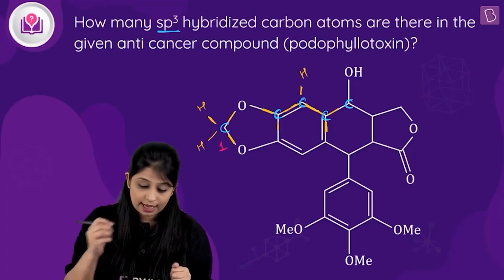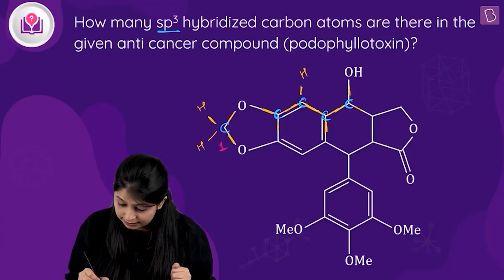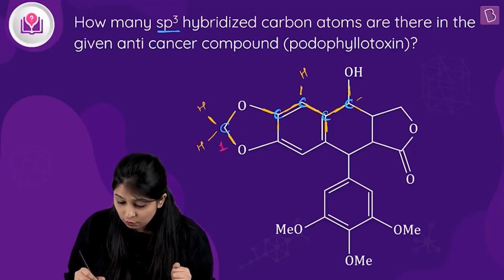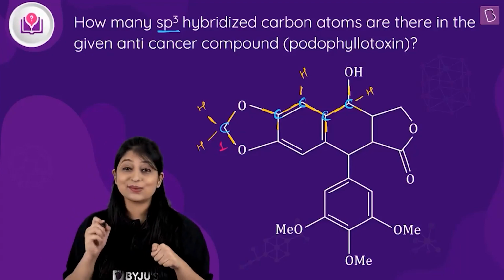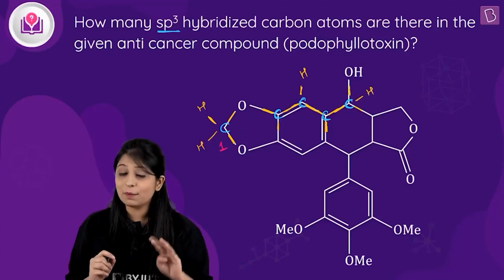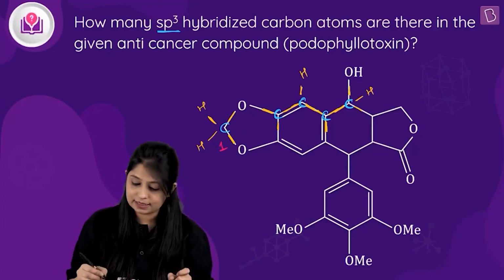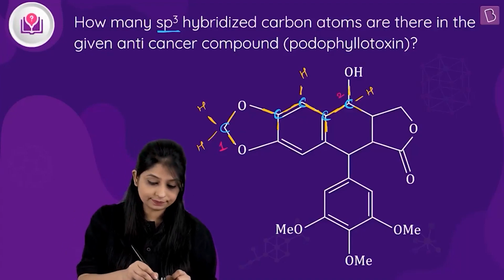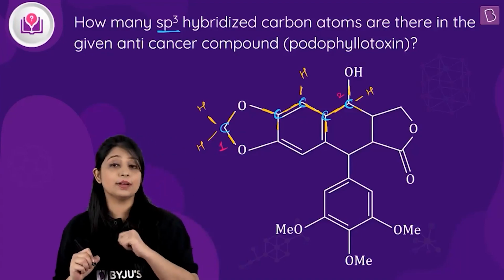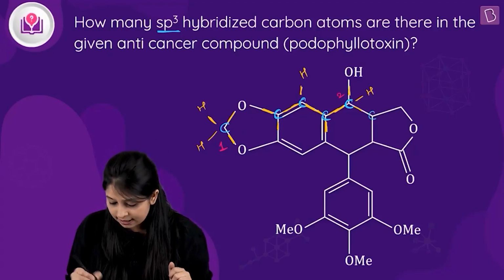Let's move on to the next carbon. So the next carbon has 1, 2, 3 sigma bonds, and there is one more bond which it is making with H, right? So it has 4 sigma bonds. Steric number is 4. Hybridization is sp3. So this is our second carbon atom which is sp3 hybridized. Okay, let's move on to the next.